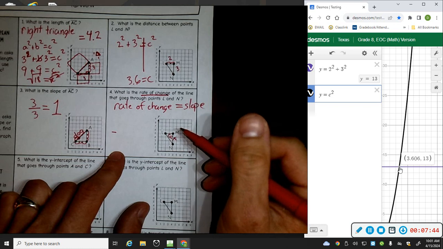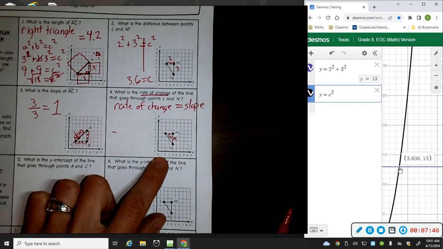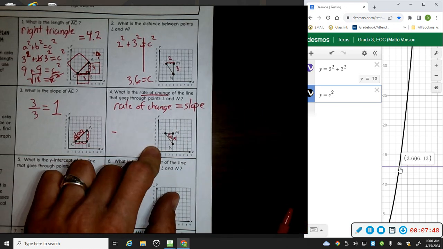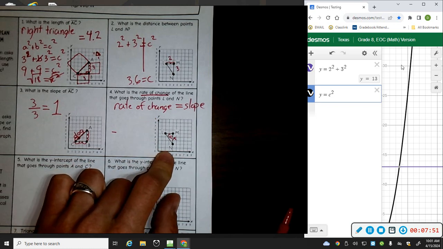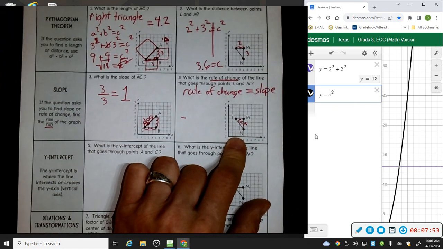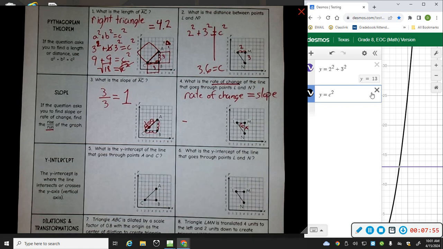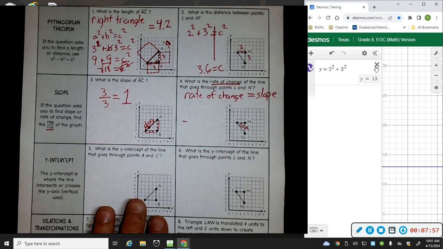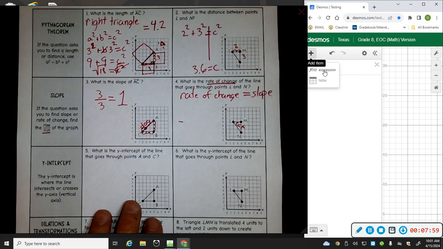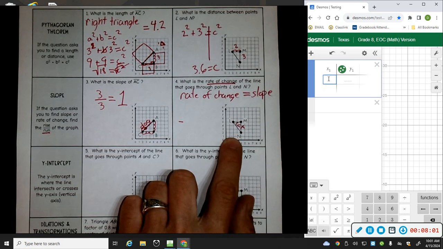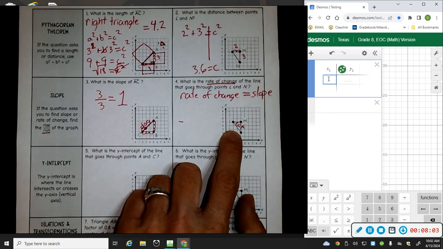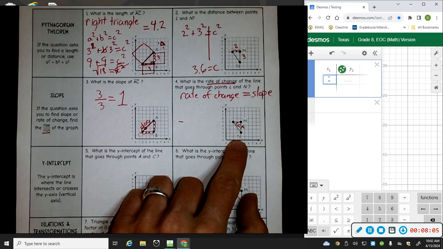And then, instead of counting rise over run this time, because sometimes these get a little tricky, sometimes the scale of the graph is off, I'm going to show you how we do that in Desmos as well. Let me pull that up. This will be a little bit more involved, but it'll help for those more complicated problems. We're going to make a table and just take these 2 points they give us from our line here.